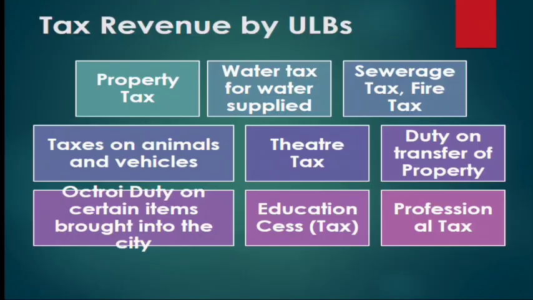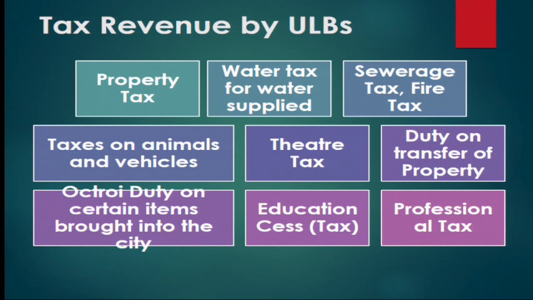Now, coming to the next slide, as you can see, we are going to discuss the various tax revenue sources for the urban local bodies in India. As we already discussed, property tax is one form. We also have water tax, the sewerage tax, and taxes on animals and vehicles. We also have entertainment tax and duties.